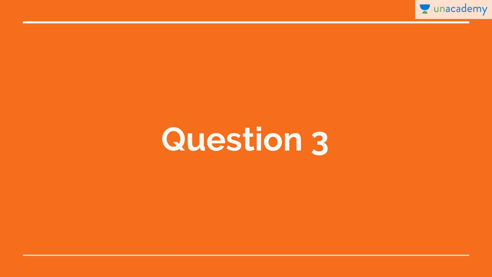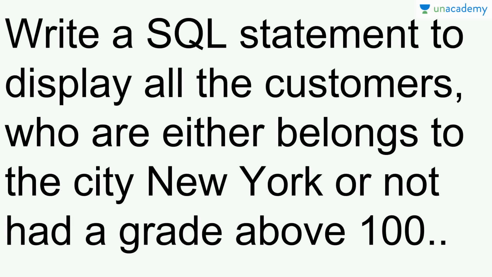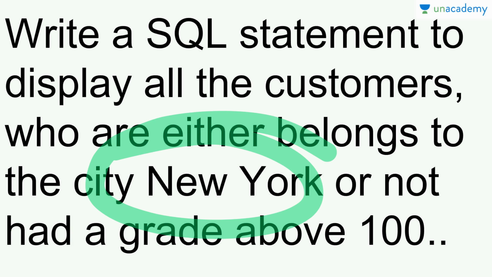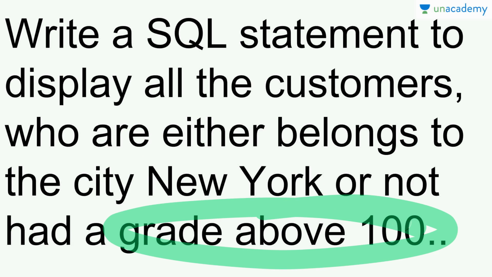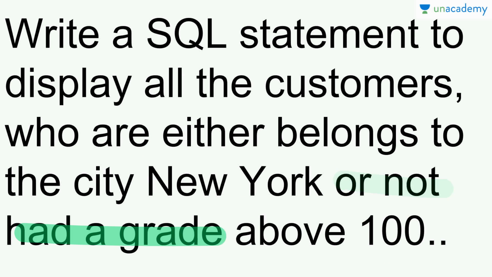Moving towards the third question. Write a SQL statement to display all the customers who either belong to the city New York or do not have a grade above 100. So what we have to check is whether the city is this or the grade is below this, because it is saying or not had a grade above 100.